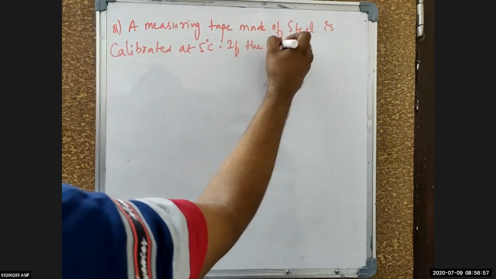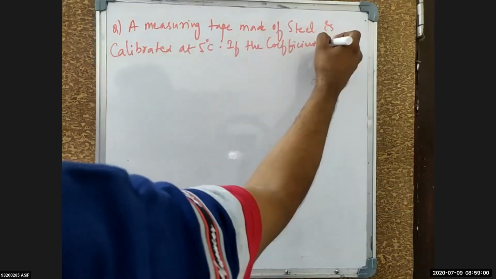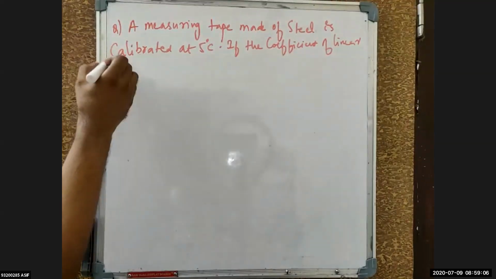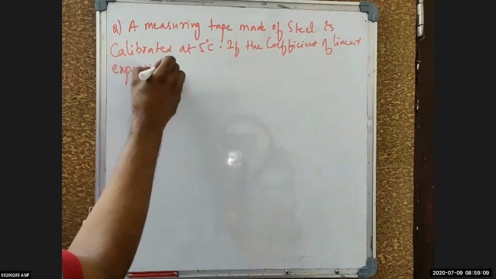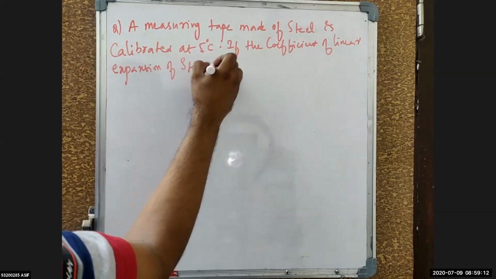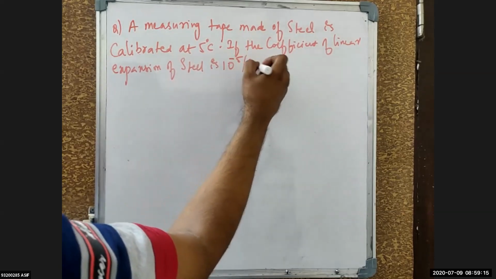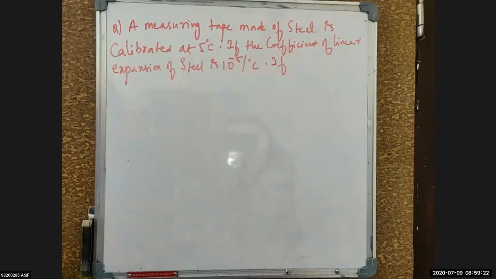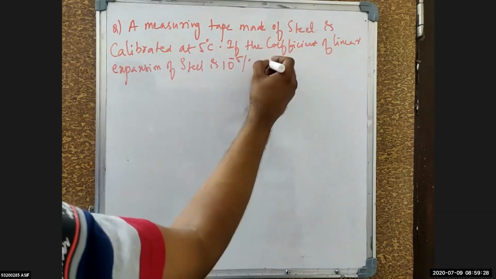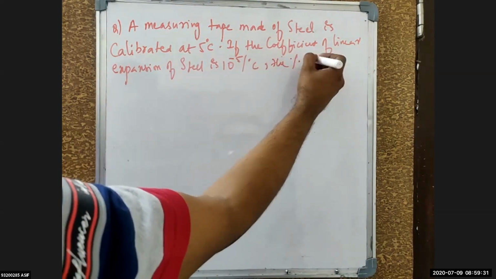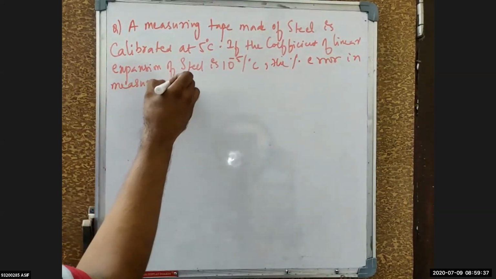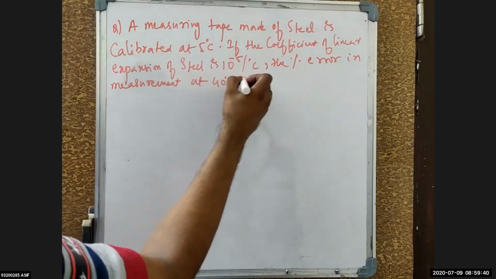If the coefficient of linear expansion of steel is 10 to the power of minus 5 per degree centigrade, the percentage increase or the percentage error in measurement at 40 degrees centigrade is.